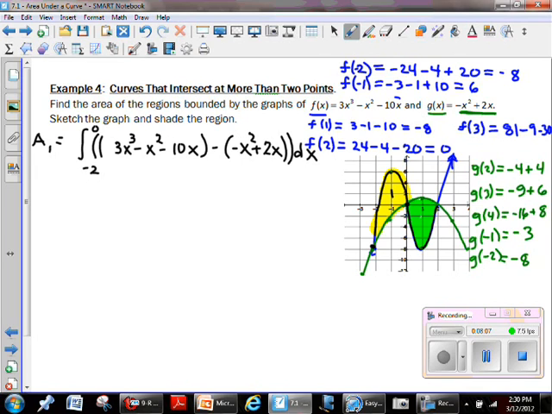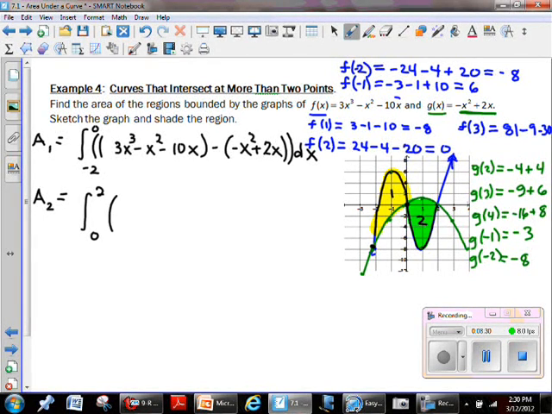And that's only going to give me half of my answer. Then to find the area of the other region, the one in green labeled by the number 2, I would have slightly different boundaries. Can you see what the boundaries would be here? 0 to 2.